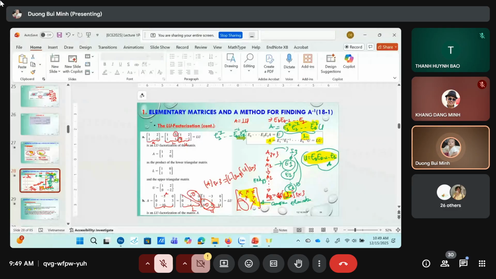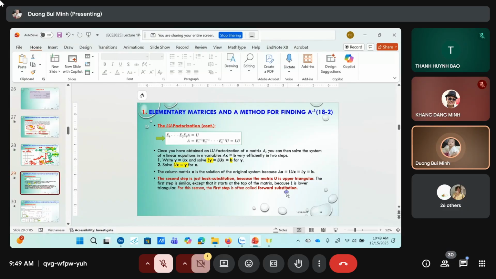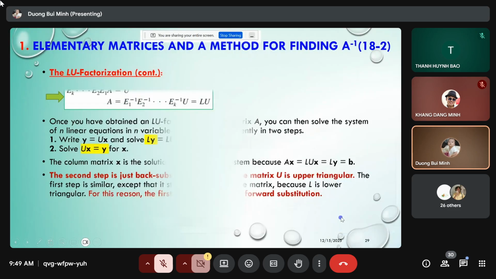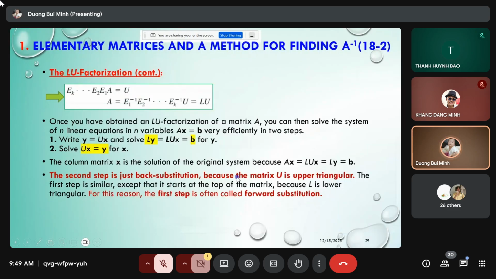Okay, so now if no questions, maybe you continue to ask me why we calculate A as L times U. A is L times U because you can solve the linear systems, maybe faster.